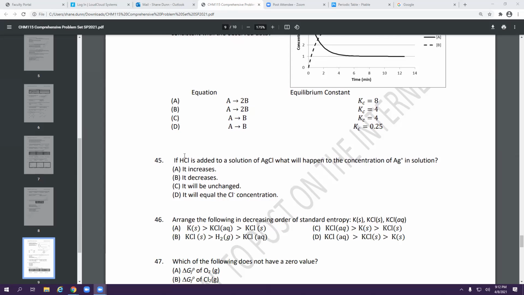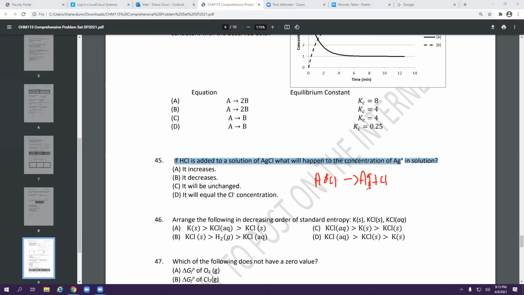45. If HCl is added to a solution of silver chloride, what will happen to the concentration of this? So let's write this out, 45. Which is just this, write out the solubility equation.